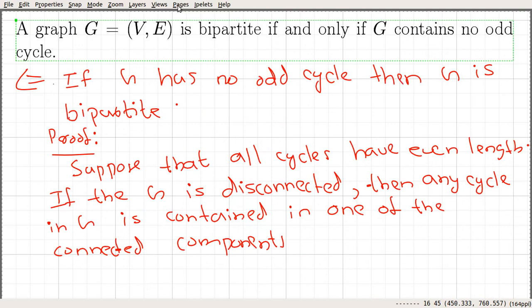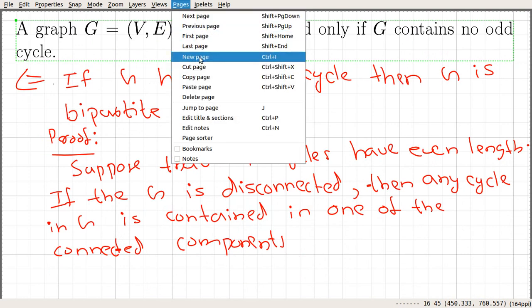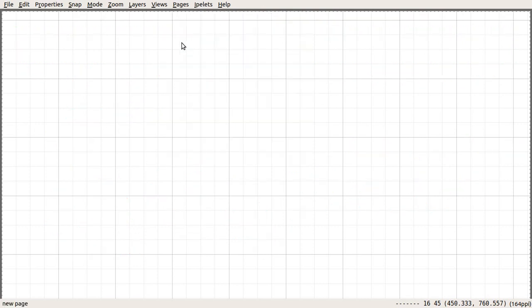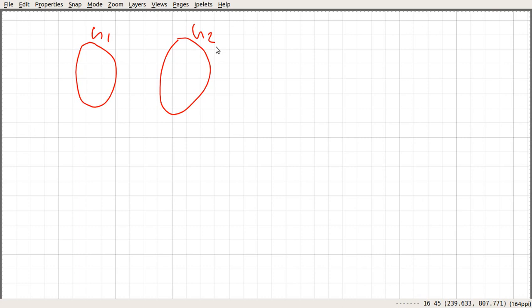If that's the case, then say we have k components, and let them be G1, G2, etc. up to Gk. The only cycles that can occur are within these components.